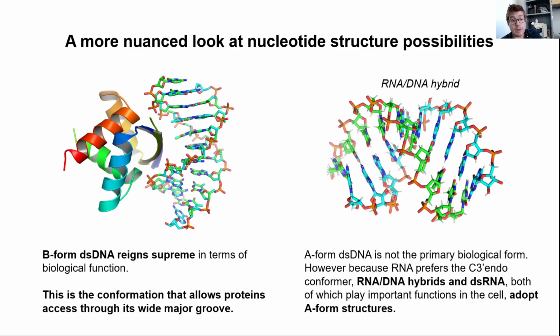And so it's actually really important that DNA can form the A-form type of structure, because when it wants to interact with RNA, the RNA-DNA hybrids are going to have this A-form character. And something interesting about that as well is that it makes it easy for the cell to potentially distinguish between B-form DNA and A-form RNA-DNA hybrids, because the A-form, B-form structural differences are very significant. And so it's actually quite convenient that these structures have different geometries.